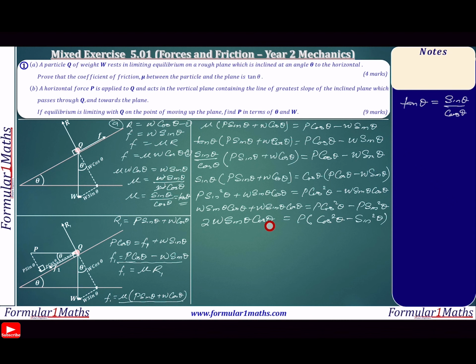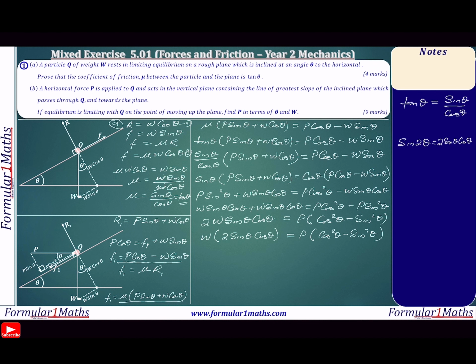I'm now going to rewrite this again in a different way as follows. W brackets 2 sine theta cos theta equals P brackets cos squared theta minus sine squared theta. Now, from pure maths, we know that sine 2 theta equals 2 sine theta cos theta.